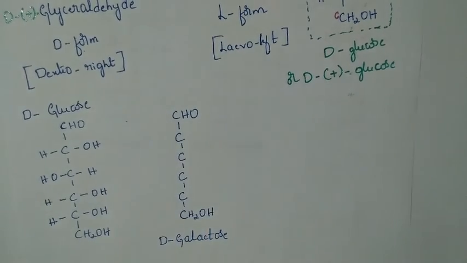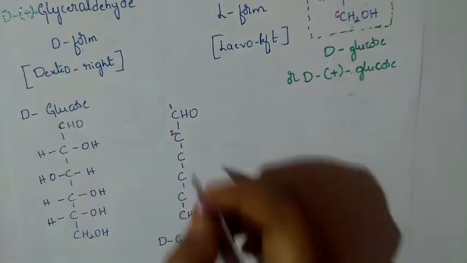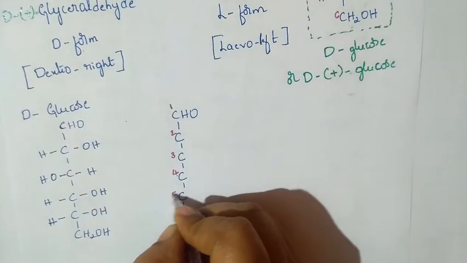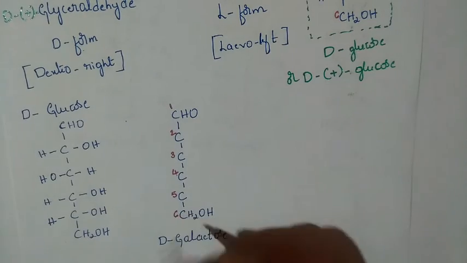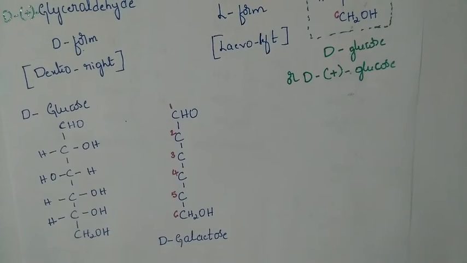When you consider galactose, we'll number it 1, 2, 3, 4, 5, and 6. Okay. So galactose is different from glucose at the 4th carbon atom.